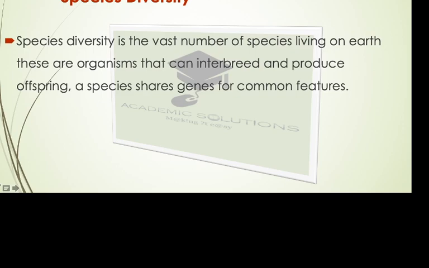So when we speak of species diversity, we are generally looking at the different species that we have all over the world: goat species, sheep species, cattle species, lion species, buffalo species, and so on. They can interbreed and reproduce further.